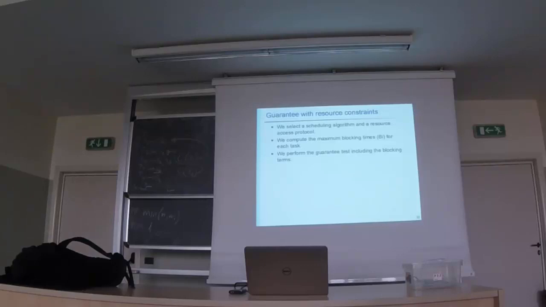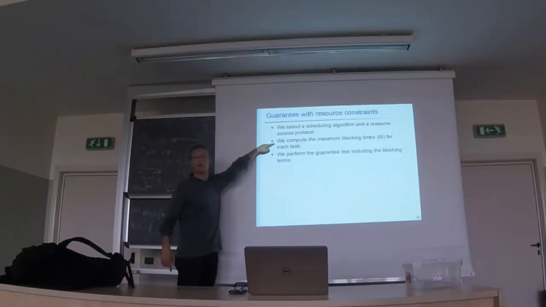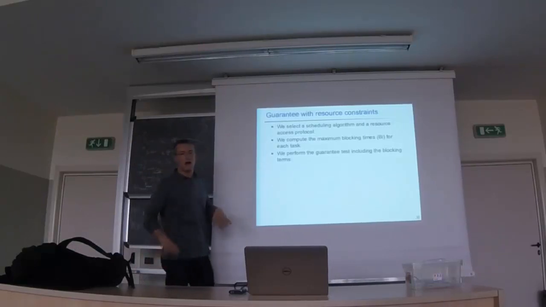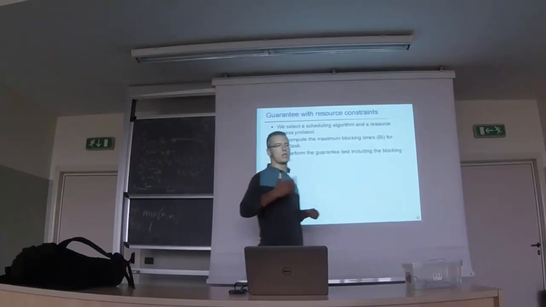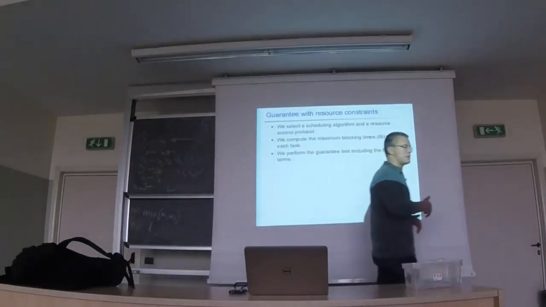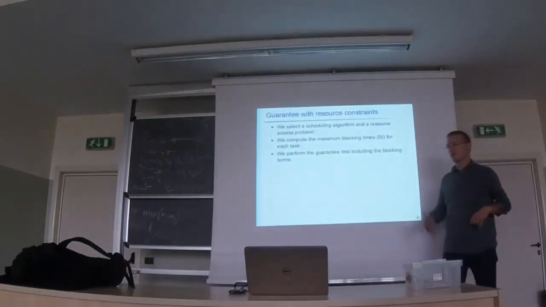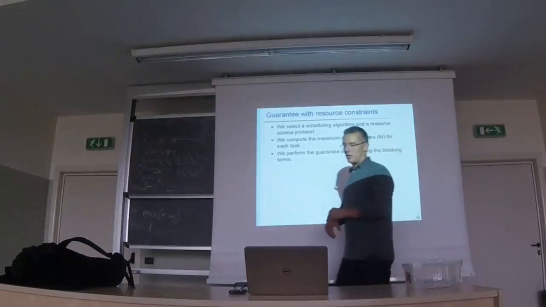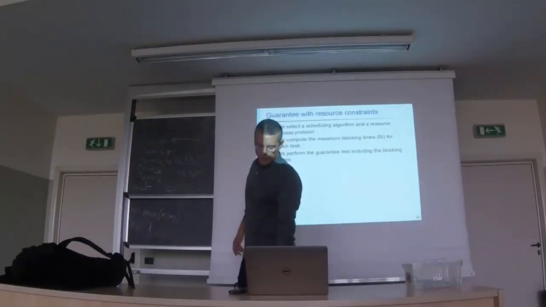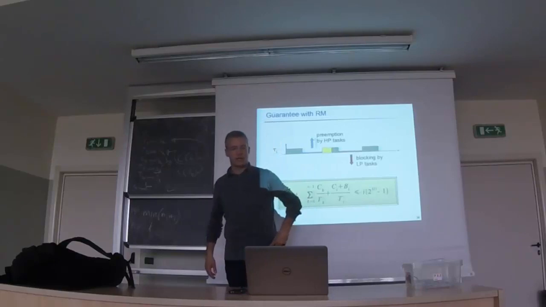For that protocol and that scheduling algorithm, we compute the maximum blocking times, and we refine our schedulability test, either with fixed priority response time analysis, or with EDF, the demand-bound function.